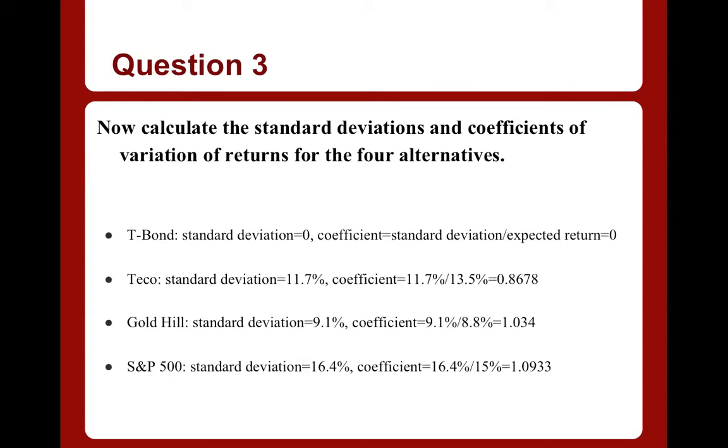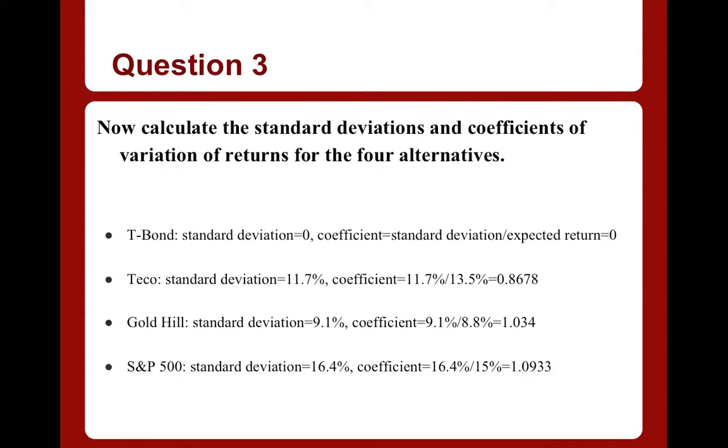Gold Hill standard deviation is 9.1%. Coefficient is 1.034. SP500 standard deviation is 16.4%. Coefficient is 1.0933.